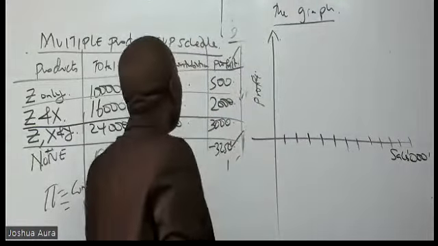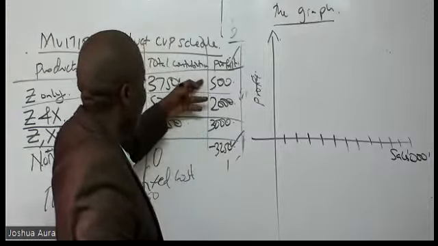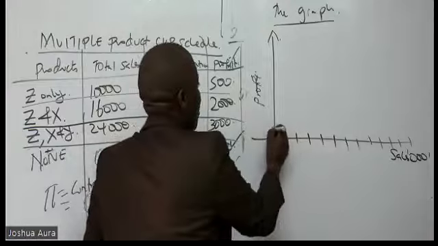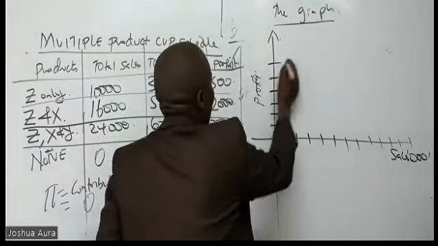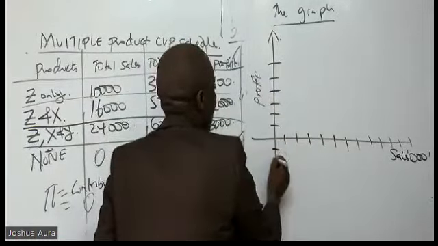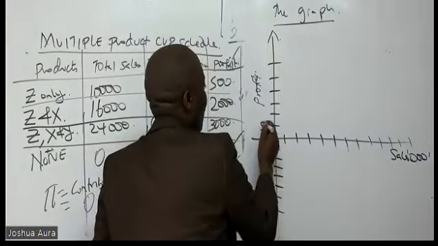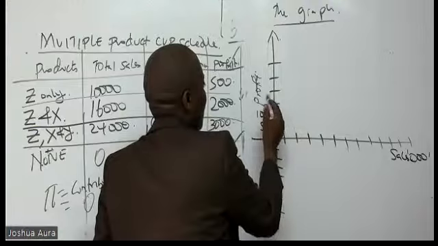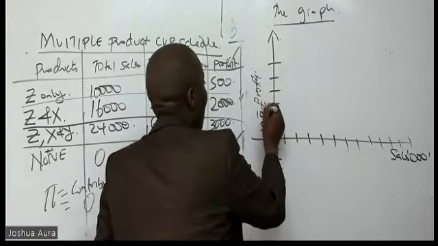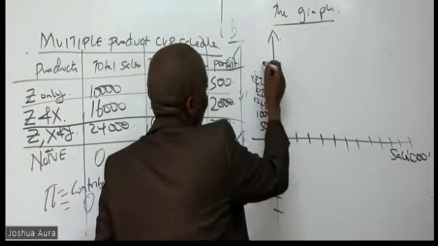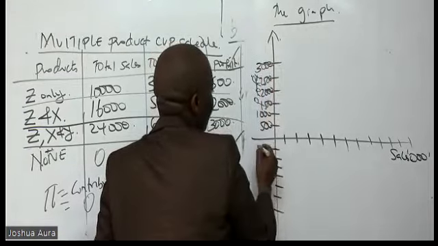Right, and then I have the profit. I can see 500, 3,000 positive, 500 will do. So 1, 2, 3, 4, 5, 6 to go to 3,000. I have to add another one there. So 500, 1,000, 1,500, 2,000, 2,500, 3,000.